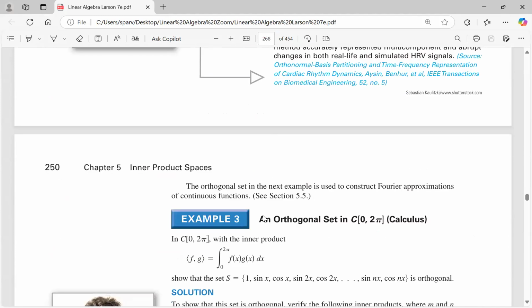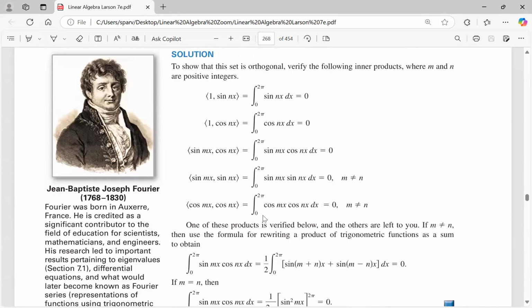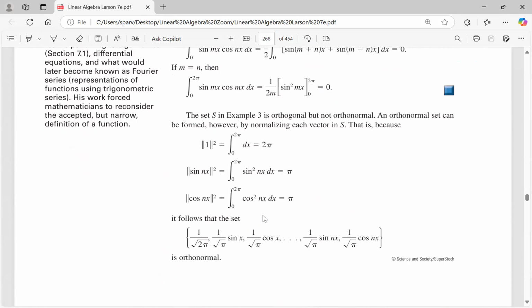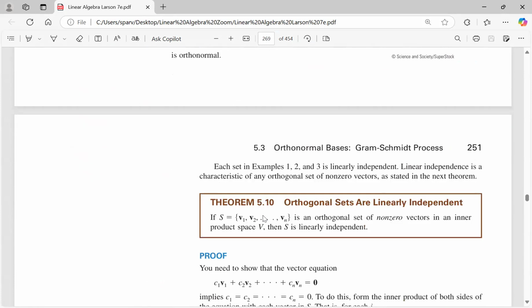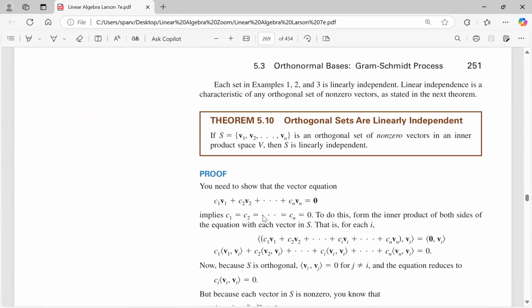We are at Theorem 5.10. This is where we are. Now, Theorem 5.10 tells us that the orthogonal sets are linearly independent. So now here's how the theorem goes. The proof's there if you want to look at the proof.